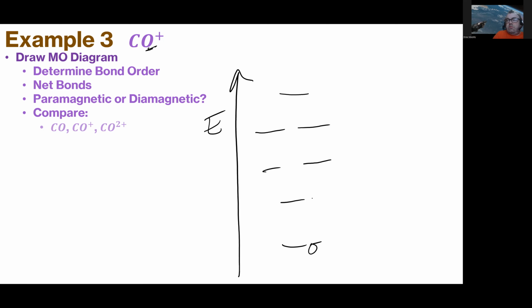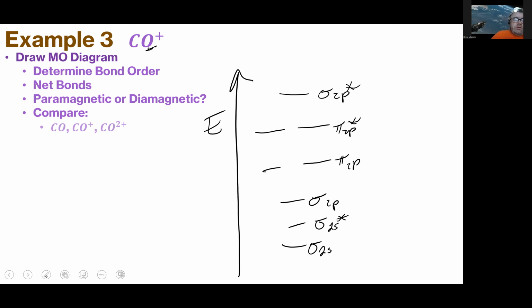Sigma, sigma, sigma, 2s, 2s, 2s, 2p, pi, 2p, 2p. That's a star, that's a star, and that's a star.